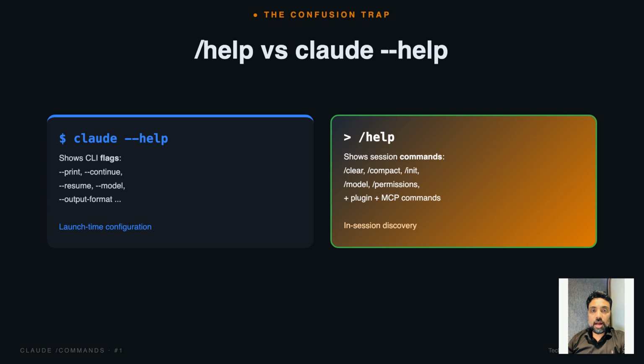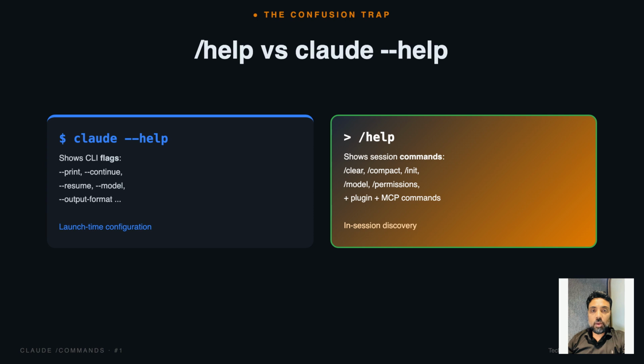They don't run inside the session. /help, the slash command, prints out the commands you can call while you're already inside a session. Different layer entirely. If you want to know how to start Claude in a specific mode, use the CLI flag. If you want to know what to do inside Claude, use the / command. Both are useful, but they answer different questions.